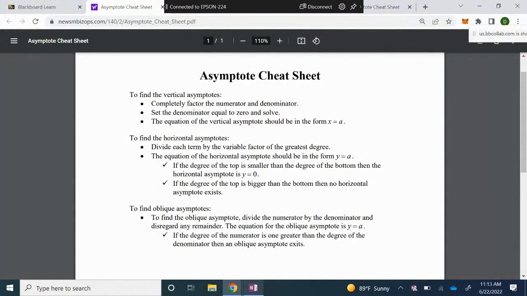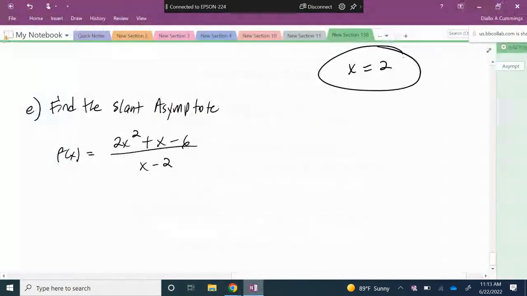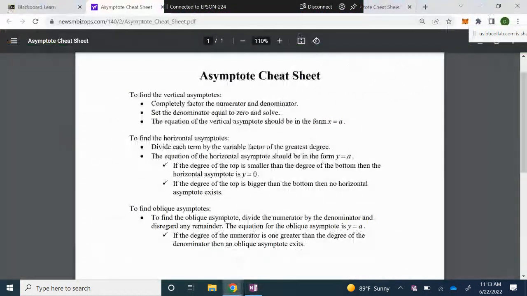If we look at the checkpoint, it says if the degree of the numerator is 1 degree greater than the degree of the denominator, then a slant asymptote exists. So we do have that condition. The degree of the top is 2, the degree of the bottom is 1. So in order to find that slant asymptote, we want to divide the numerator by the denominator and disregard any remainder.